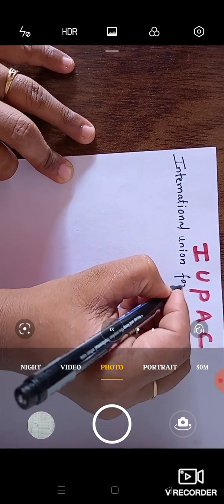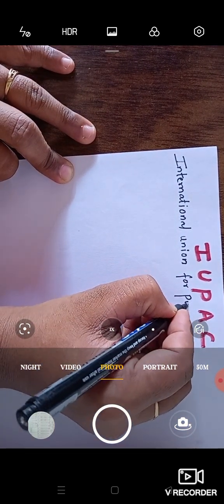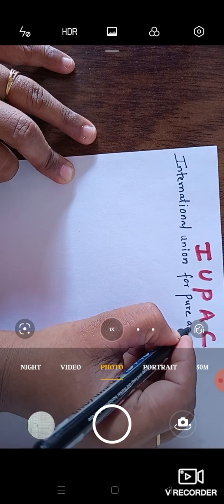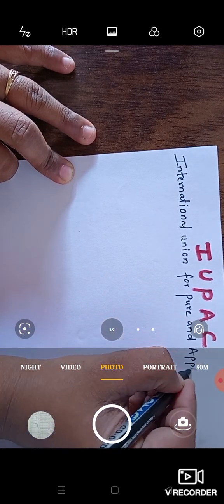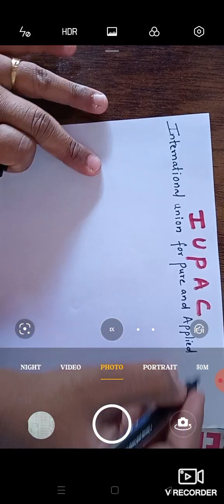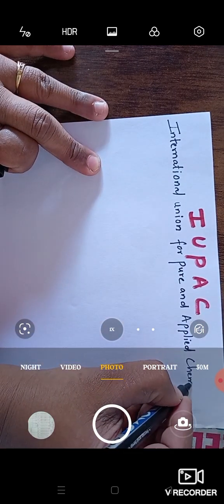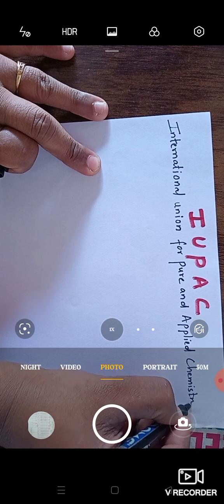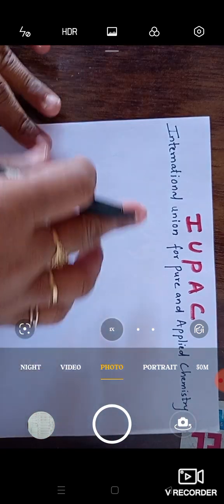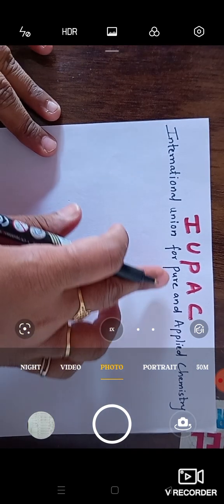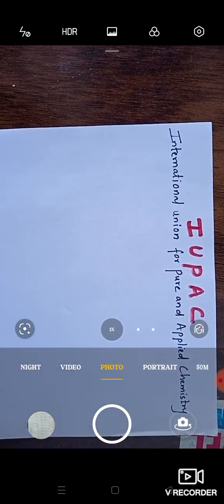P stands for pure, and A stands for applied, and C stands for chemistry. So IUPAC stands for International Union for Pure and Applied Chemistry.